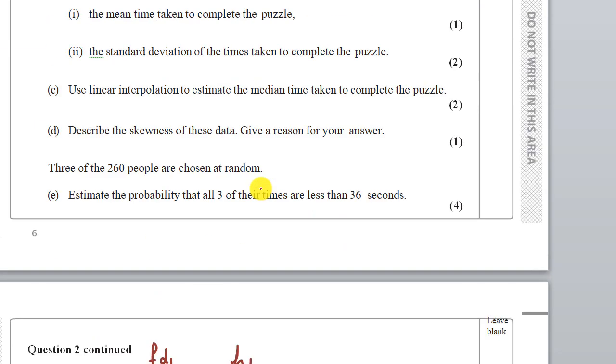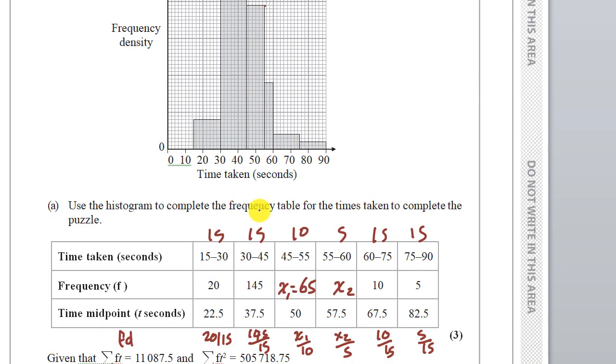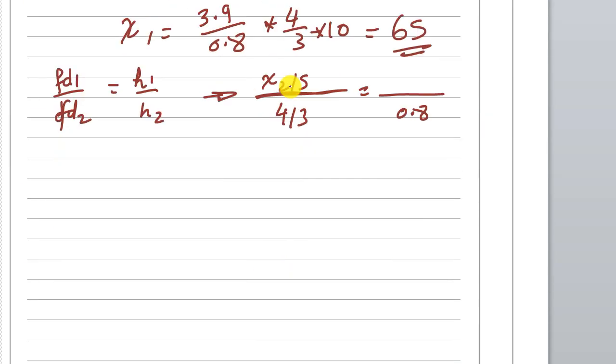Let us find the second one. From 55 to 60, which is this one, it's 1, 2, and then 1, 2, so 1.8, divided by 1.8, the height from the graph.